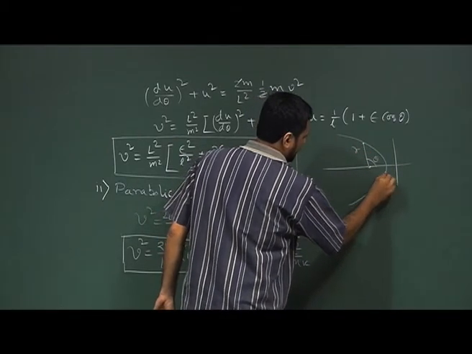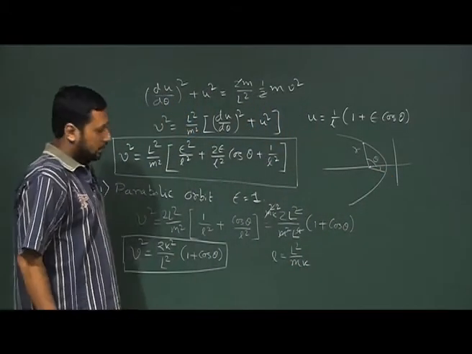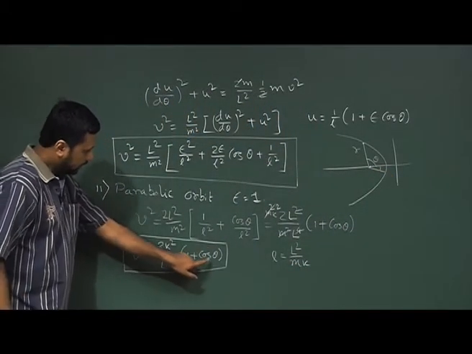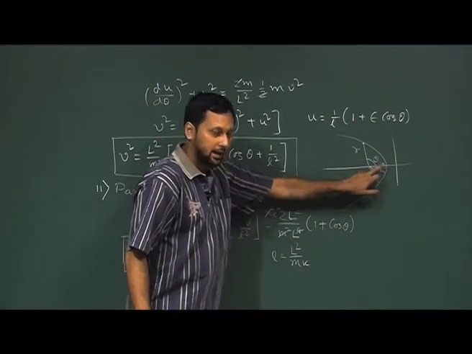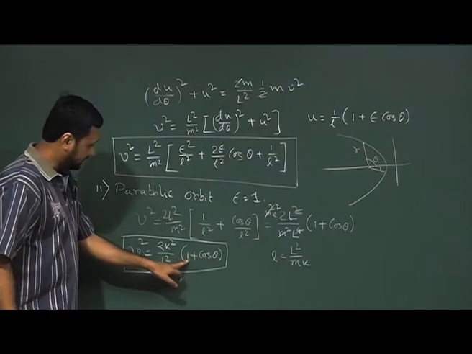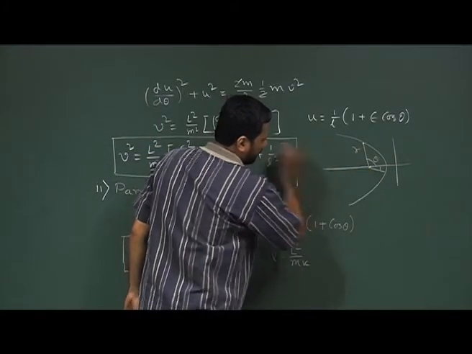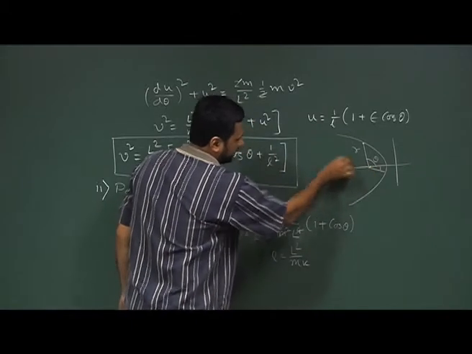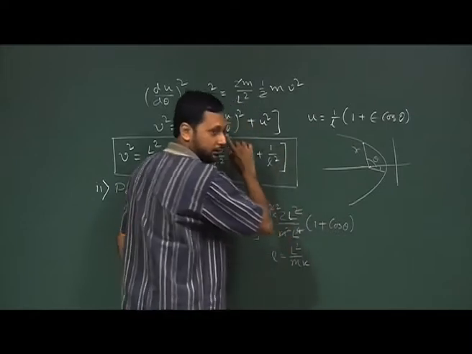If you put theta equal to 0, that corresponds to this particular point, and if you put theta equal to 180 degrees, you have to extend the radial vector to a point which is essentially at infinity.